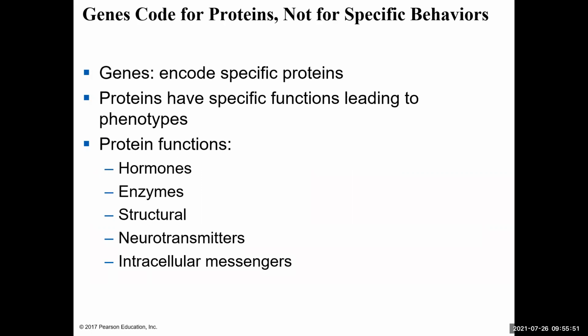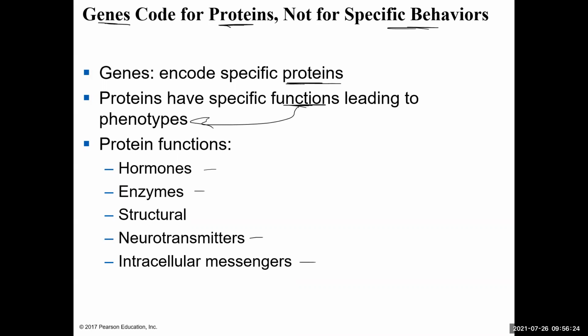One thing I want to finish off with is that we've talked about genes and the expression of genes, and the genes are coding for proteins, not behaviors. The genes tell specific proteins to be made, and the proteins have specific functions that lead to all of the characteristics we talked about. Those proteins are making hormones, enzymes, neurotransmitters, or messengers that travel across the body and lead to the specific phenotypes.